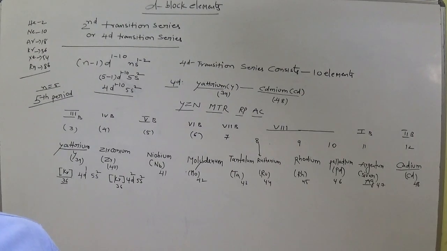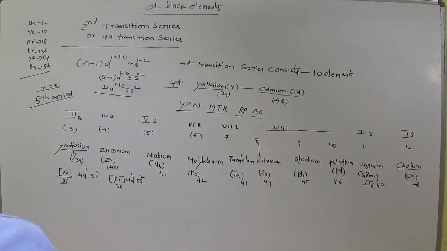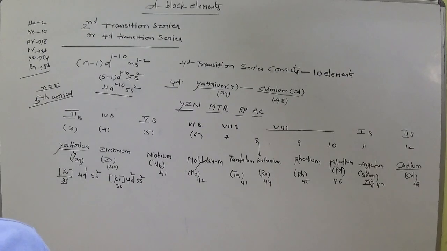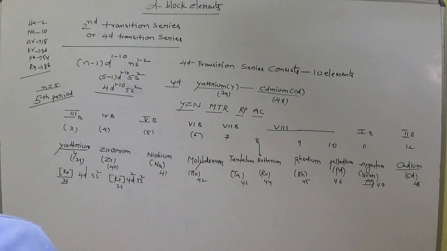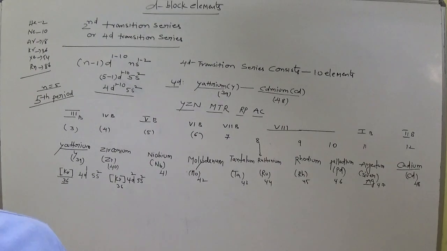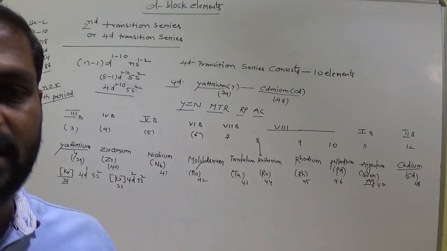Am I right? At least 1 electron clearly in d, then we consider it a transition element. So if the d orbital is fully filled, then what happens? It is not a transition element. Is it clear to everyone?